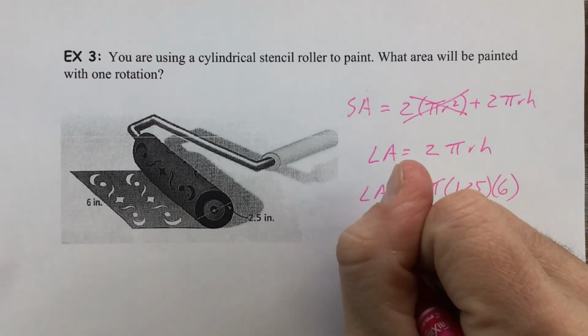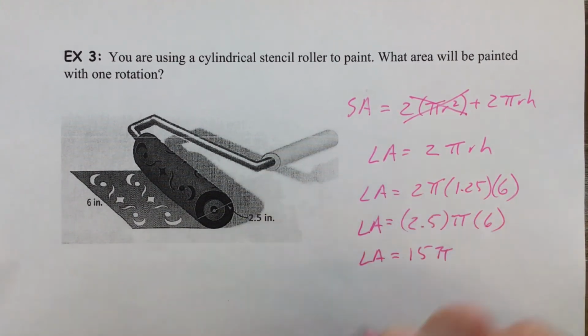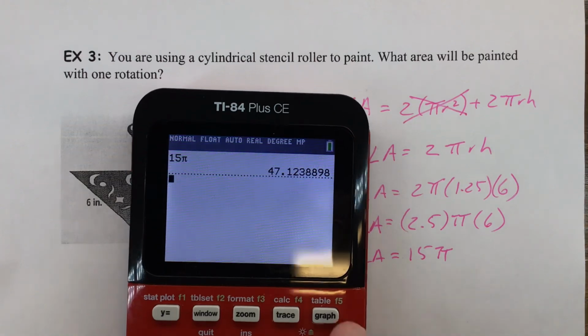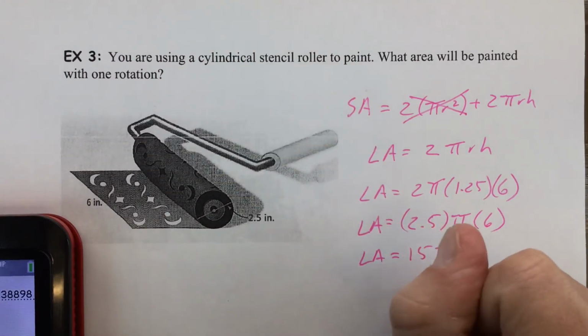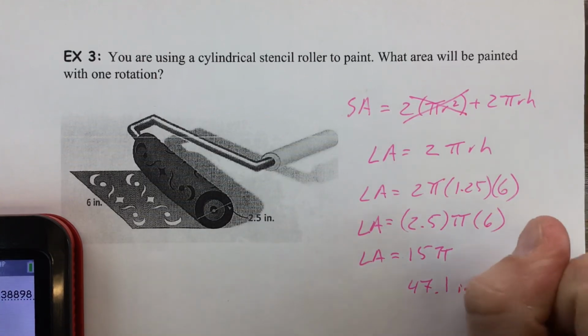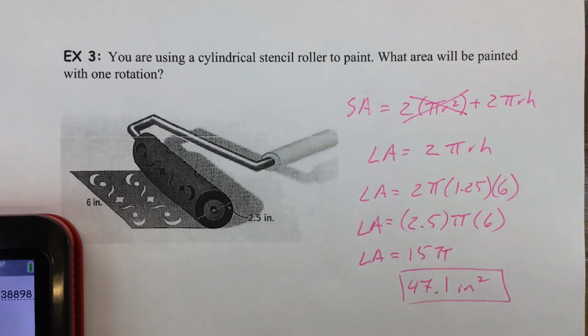Of course, if you leave it in terms of pi, it doesn't give you a great answer, so we'll go ahead and multiply that using the calculator. 15 times pi is going to give us 47 point, let's just call it 1. So we're going to get 47.1. This would be inches squared.